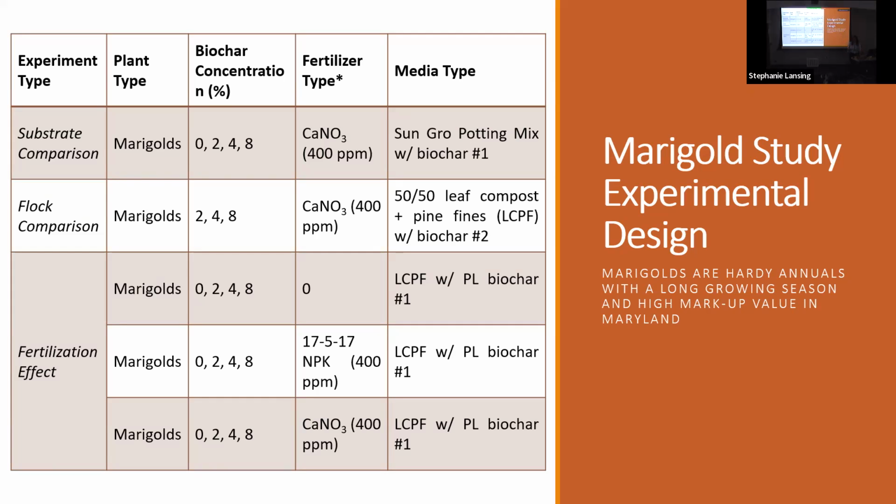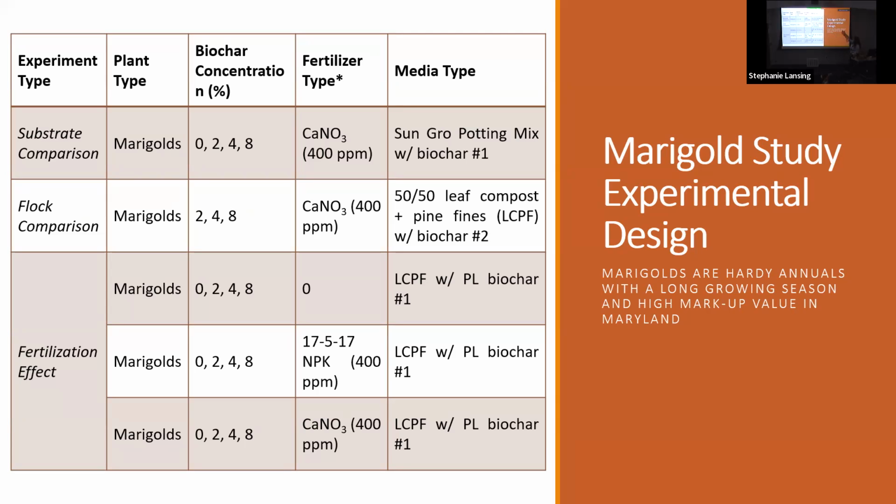Not just the standard greenhouse 17-5-17 NPK, which has not just nitrogen but phosphorus and potassium, but a nitrogen-specific fertilizer, calcium nitrate. Ideally, introducing only a nitrogen fertilizer will balance that NPK ratio closer to what the plant needs.